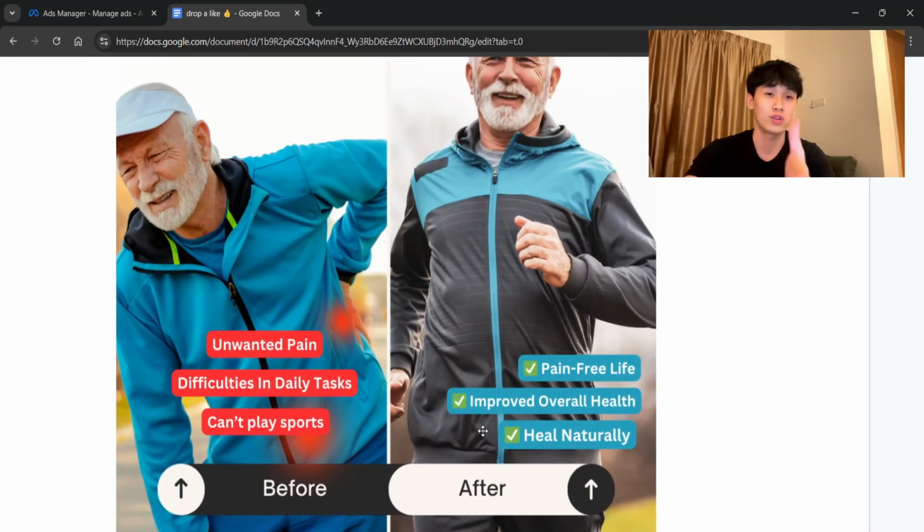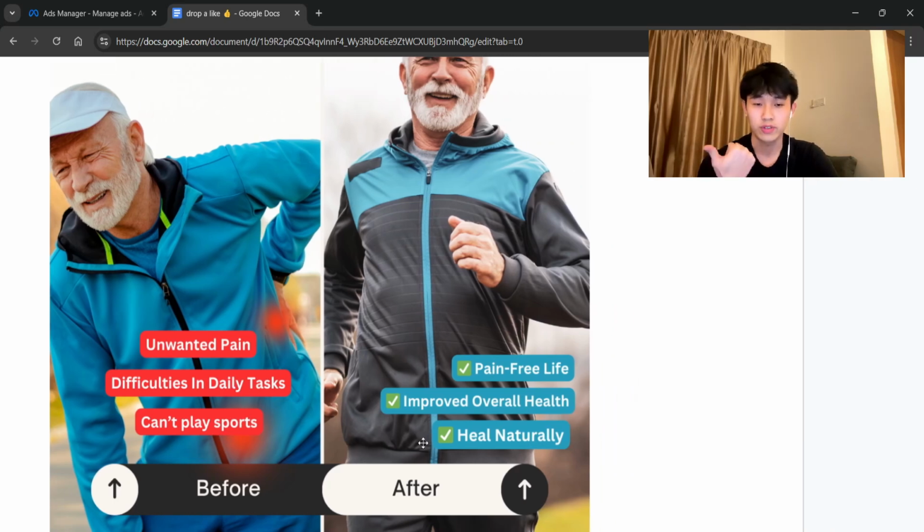Now, obviously, the solution in this case would be in the captions, in the copywriting, and in the ad creative. So we have unwanted pain, difficulties in daily tasks, can't play sports. These are all of the problems that one might have if they have back pain or shoulder pain.